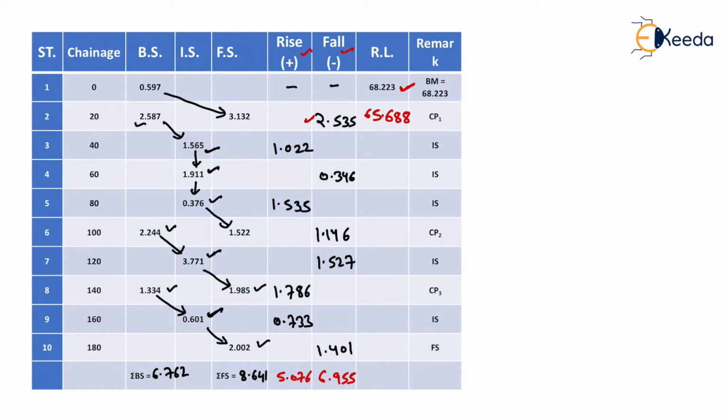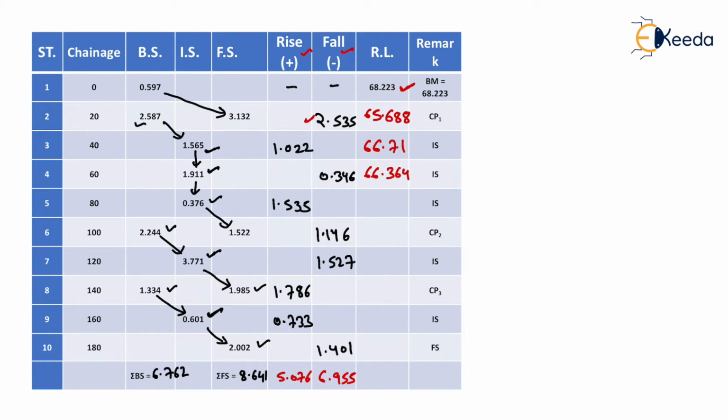Similarly, for the calculation of RL of station 3, we need to add 65.688 plus 1.022 because it is the value of rise. So we will get 66.71. Similarly, 66.71 minus 0.346 will be equal to 66.364.